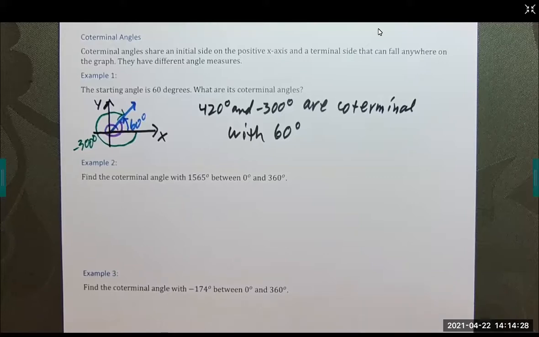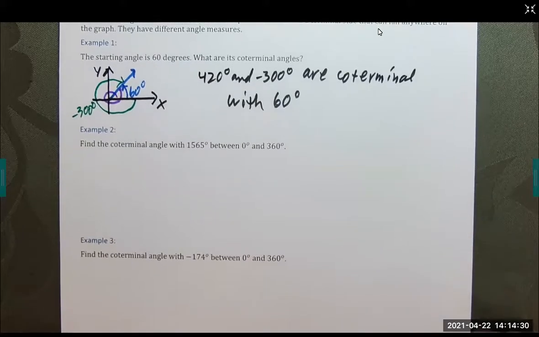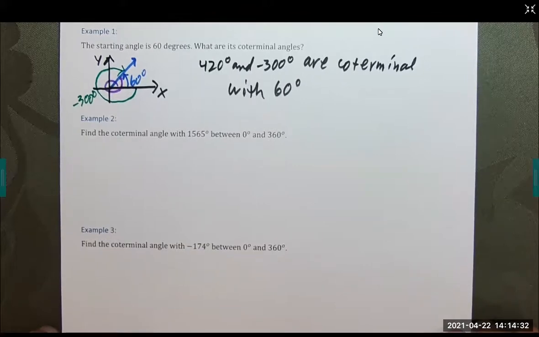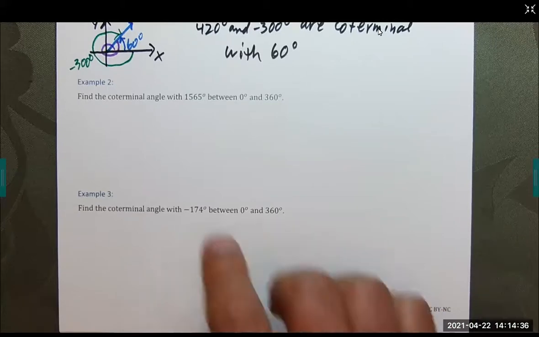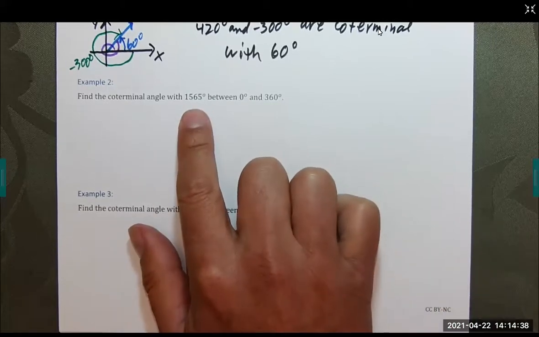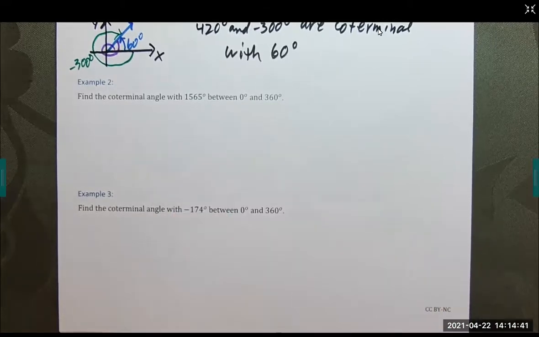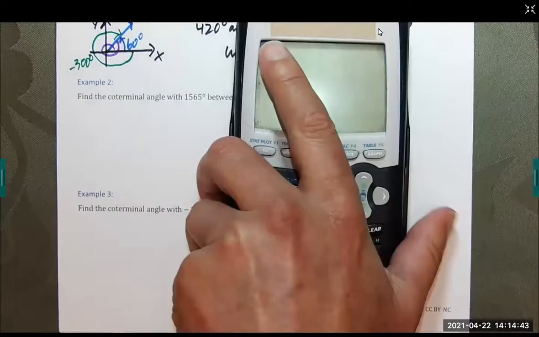All right, example 2. Find the coterminal angle of 1,565 degrees between 0 and 360 degrees. Well, we can clearly see that's way above 360 degrees. So I'm going to take my trusty calculator here.